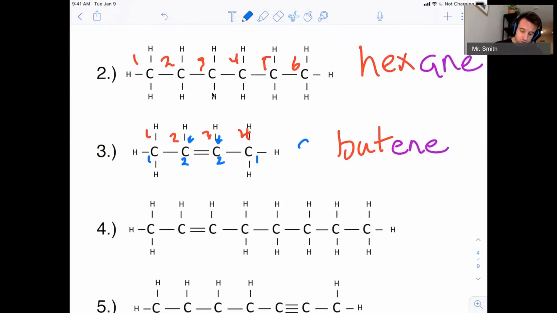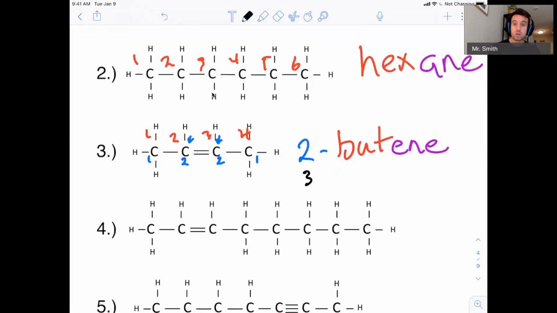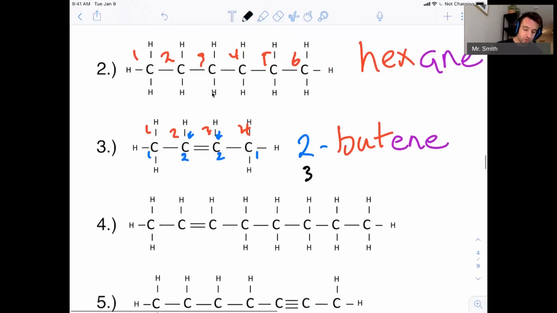So I'm going to put a 2 here. You would never, ever put a 3 here. You would never say 3-butene. In things with 4 carbons, it can only be 1 or 2. If it's got 6 carbons, for example, like here, the highest number you can have is 3, because if you're numbering from one way to the other, the highest number you can really get is 3. So just be careful with that on the numbering.